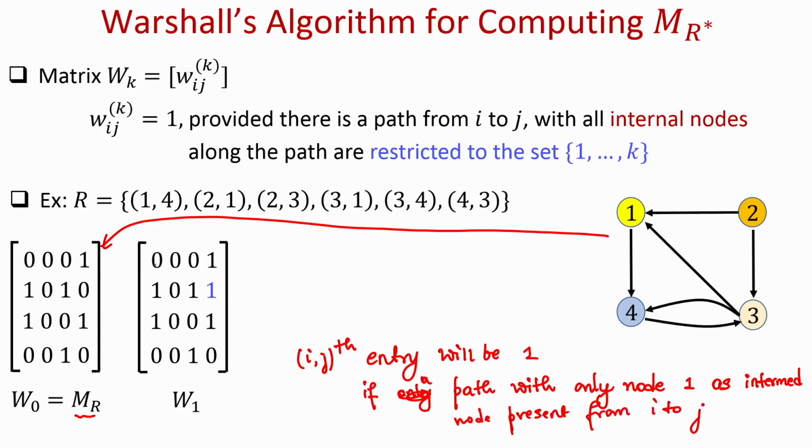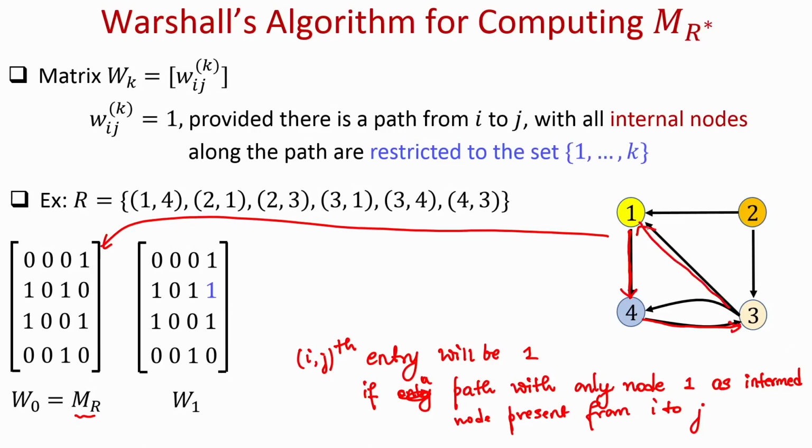So, it turns out that if I look at the first row, first 3 columns, they will be 0 0 0. Why so? Because there is no path from node 1 to node 1 where the only intermediate node is node number 1. You do have a path here: you can go from 1 to 4, then from 4 to 3, and then from 3 to 1.